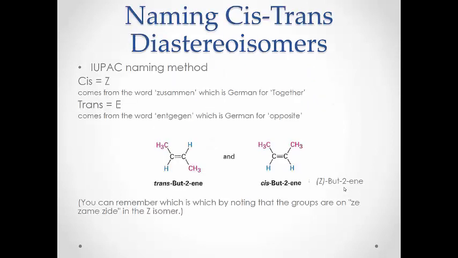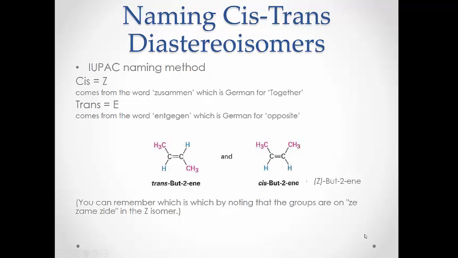Naming cis-trans diastereomers, the IUPAC naming method is cis is Z and trans is E. Zame-zide is one way of remembering that Z is your cis, so Z-zame-zide. It comes from the German word for together, and trans is E, and that's from the German word for opposite.